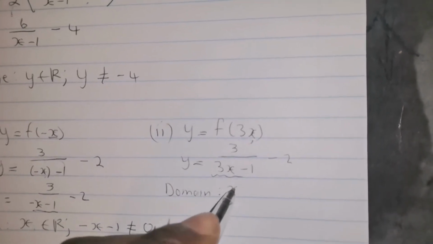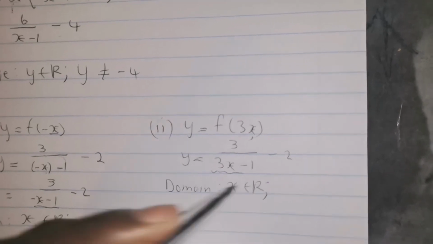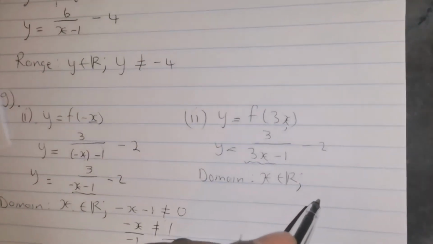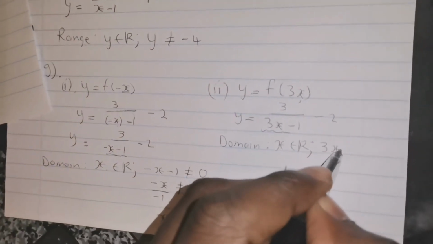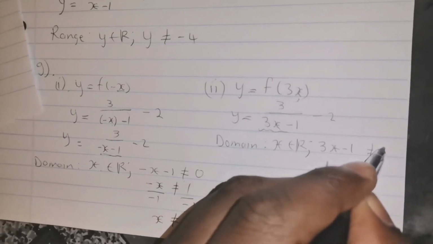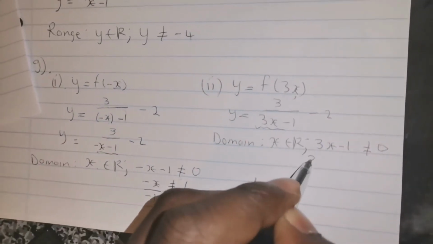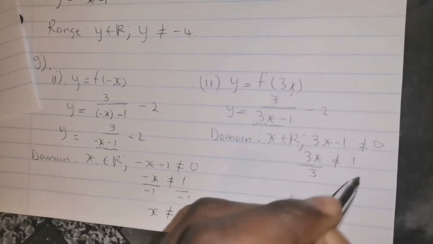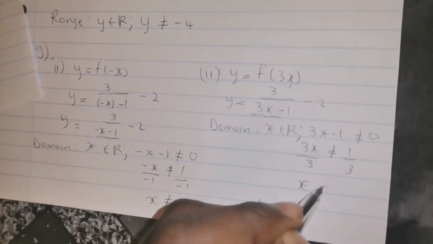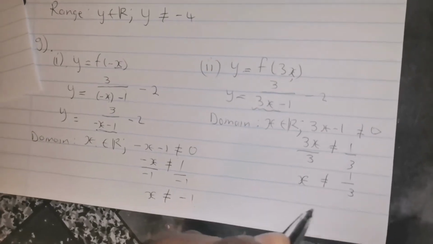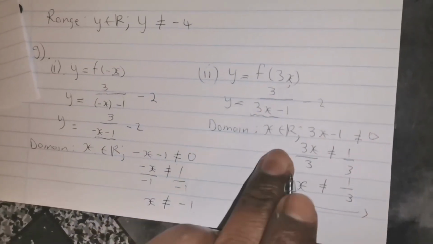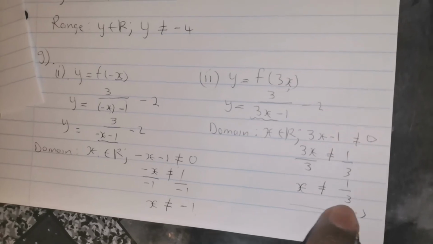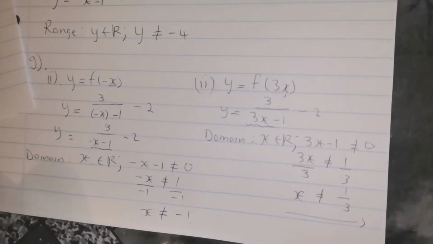Domain are all x values such that 3x minus 1 is not equal to 0. So for x in this case, 3x is not equal to 1, then divided by 3, then x is not equal to 1 over 3. This is the domain, guys. Domain is all x that are real such that x is not equal to 1 over 3. Then you are done with the domain of that function.